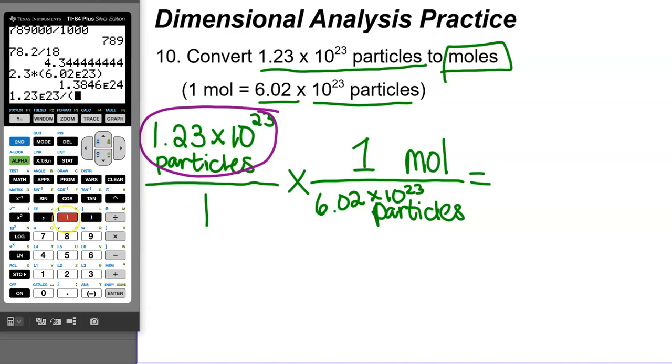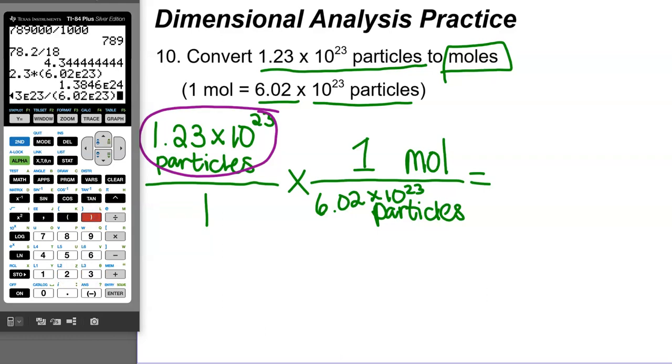And when we divide by a number in scientific notation, it is very important that we put that number in parentheses. I opened up my parentheses, typing 6.02, second, comma, put that E, 23rd, and then I'm going to close my parentheses.